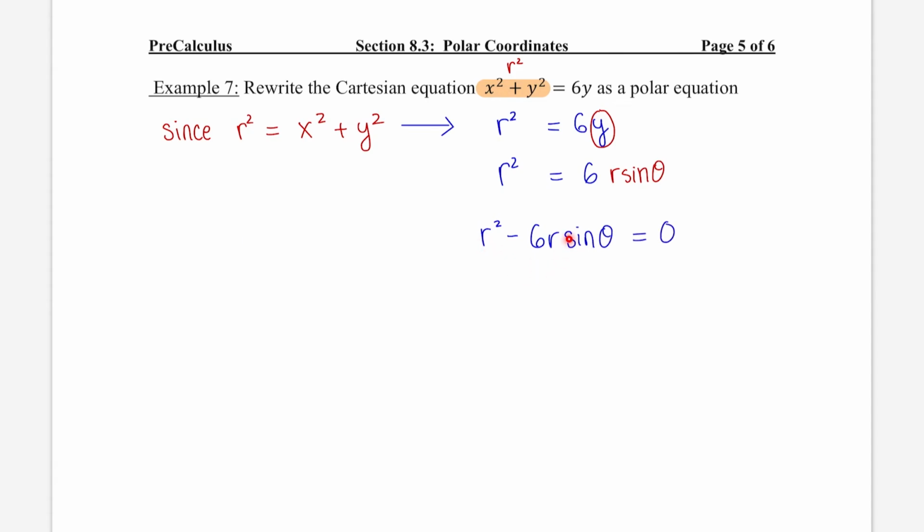From these two terms, I have r in common, so I'm going to factor out the r. Then I have r times r minus 6 sine theta equals 0. That means either r is equal to 0 or r minus 6 sine theta is equal to 0.